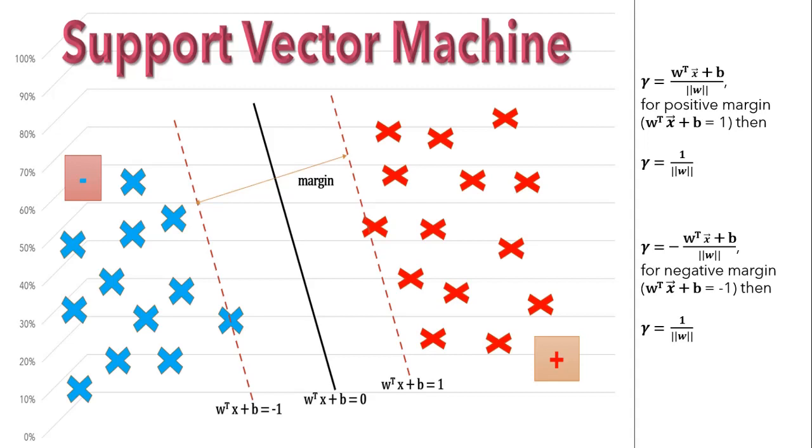And if we put this knowledge into the gamma value for a negative point, then that will also become 1 over norm of W, as the label is negative and the W transpose x plus b term is also negative. So the whole will become positive.